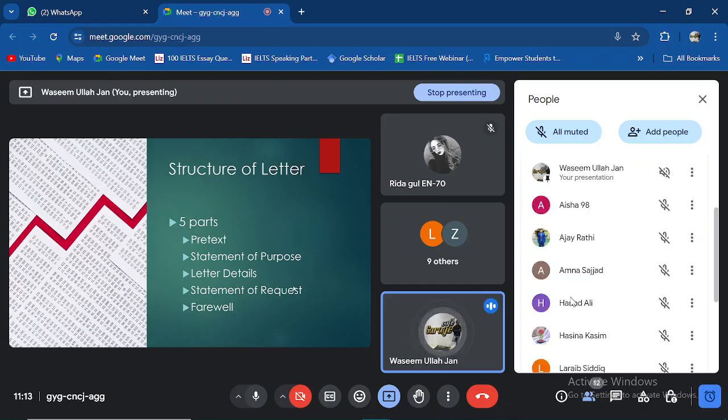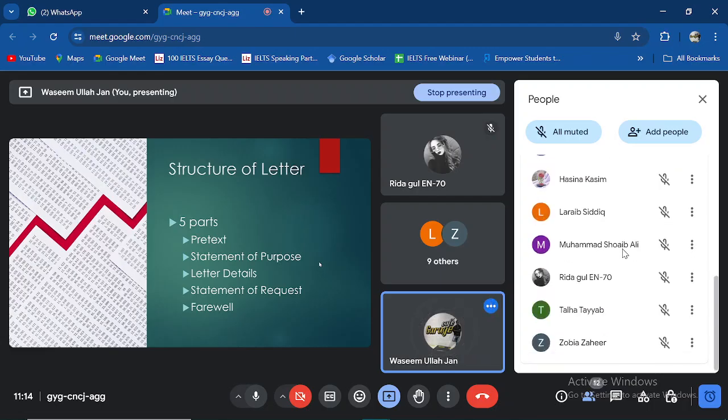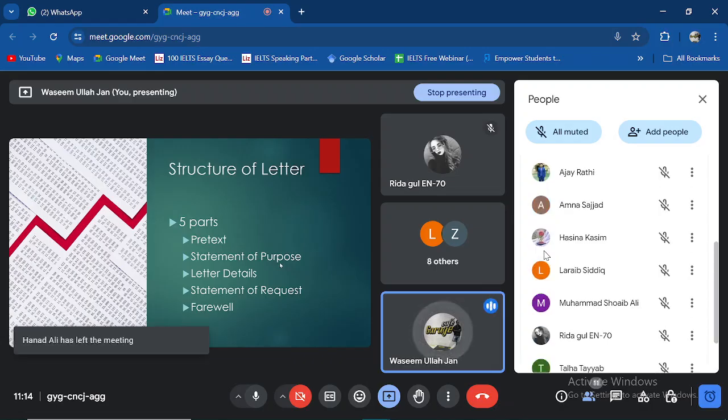If you're writing an informal letter, you are supposed to say dear Susan, dear Amna, dear Hana, dear Wasim, dear friend, dear idiot. Because you are writing an informal letter, you can use the word idiot, you can use the nickname. For example, a common nickname for Zobia is Zobi. You can write dear Zobi. A common nickname for Hasina is Hasi. You can write dear Hasi.